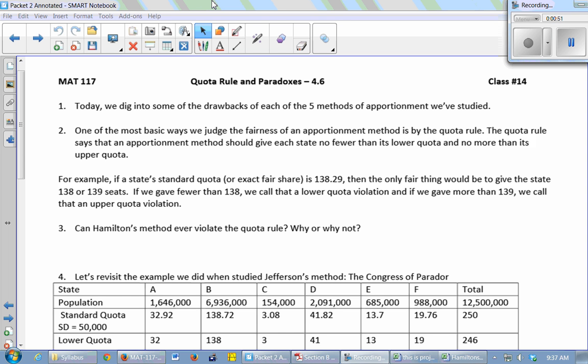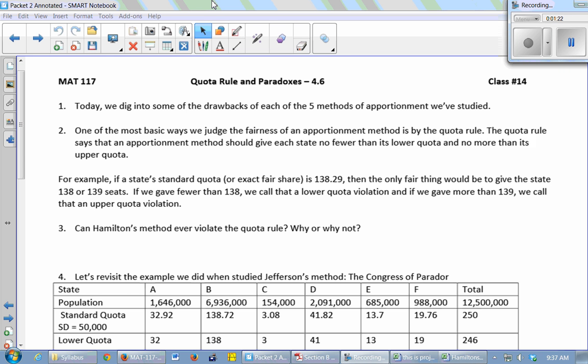So for example, if a state's standard quota, exact fair share, is 138.29, the only fair thing to do is give them 138 or 139 seats. You can't give them 0.29 of a seat, so the closest you can get is 138 or 139. If we gave fewer than 138, we call that a lower quota violation, and if you give more than 139, we call that an upper quota violation.